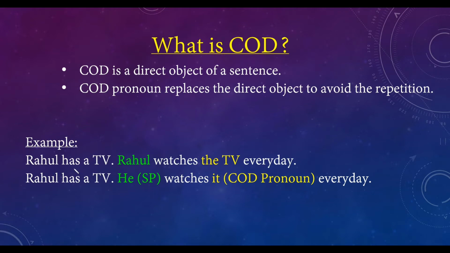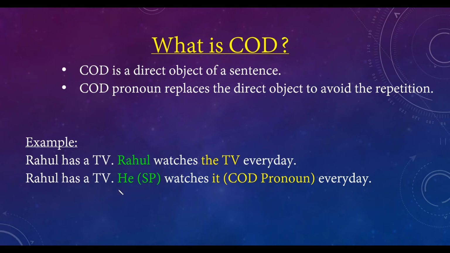Now here, because the subject and the object have already been introduced in the first sentence, you must find a pronoun to replace both the subject and the object to make the second sentence more readable and lexically more correct. So, we replace Rahul with he and we replace the TV with it. Now the second sentence makes better sense.